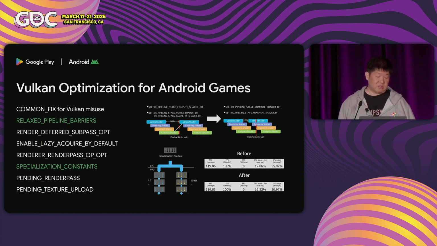Also render pass deferred optimization, the acquire and render pass optimization, and specialization constants that give you a more efficient way to handle different conditional shader behavior. And also pending render passes and pending texture load. All those optimization skills we have, we help developers use to fix their game engines to work properly and better with the Vulkan API.